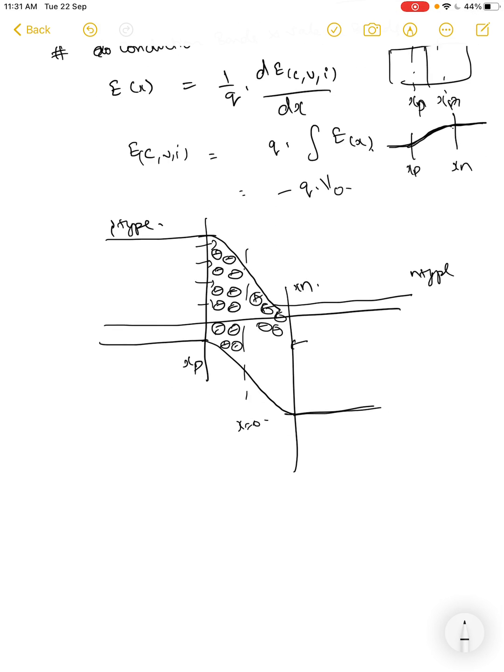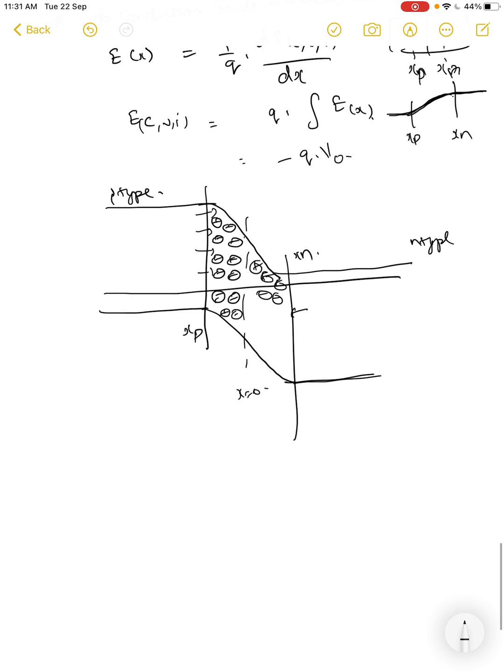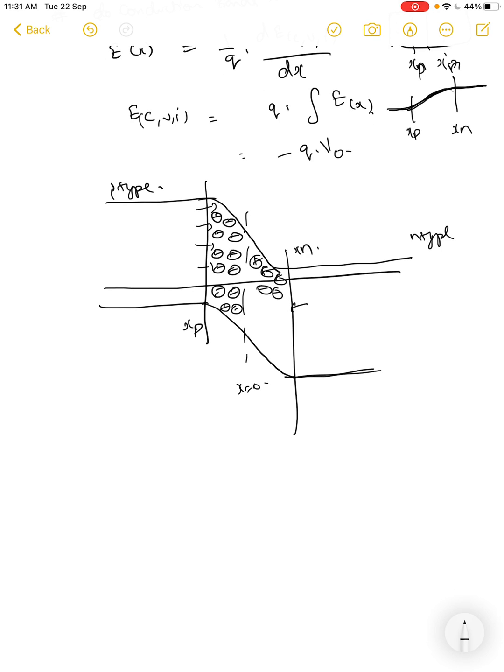So the actual charge density for x less than 0: initially we wrote dE by dx for x less than 0 to be equal to minus q by epsilon s times NA, which is not true. Right now it has to be written as NA minus p of x. You should have some holes here which neutralize the negative charges that you have.